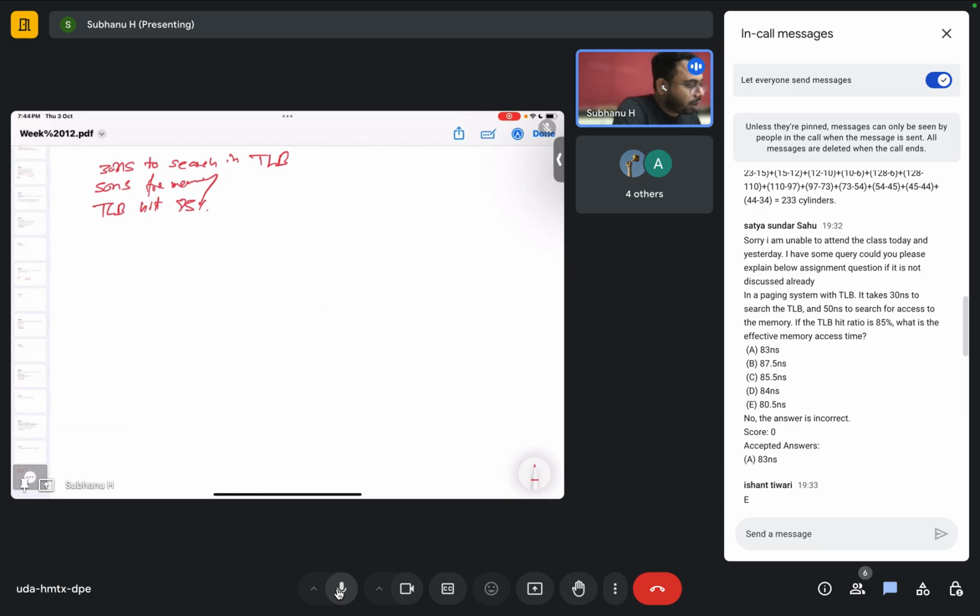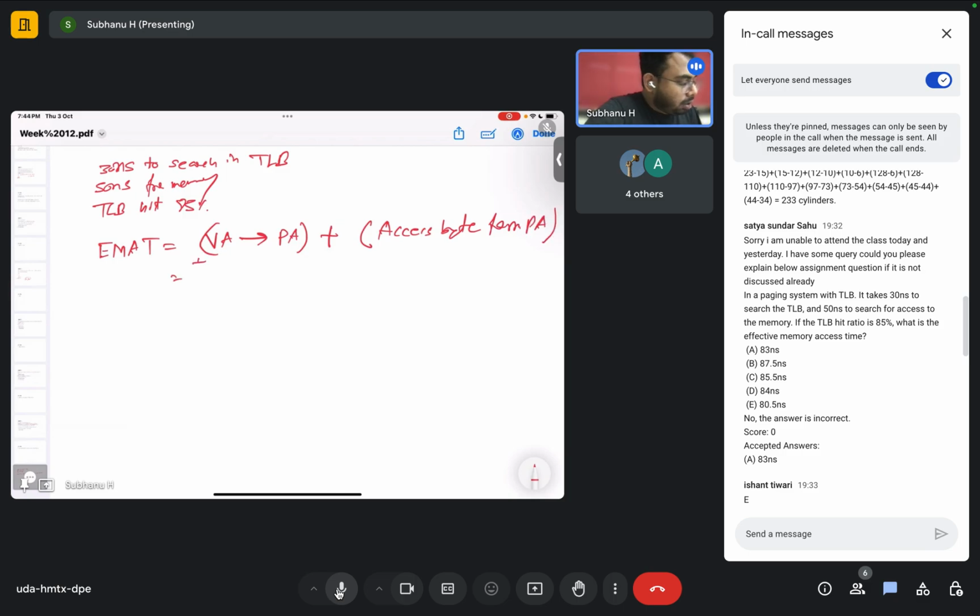Yeah. How will we find the effective memory access time? Effective memory access time will be the time that is needed to convert virtual address to physical address plus access byte from physical address. Okay.